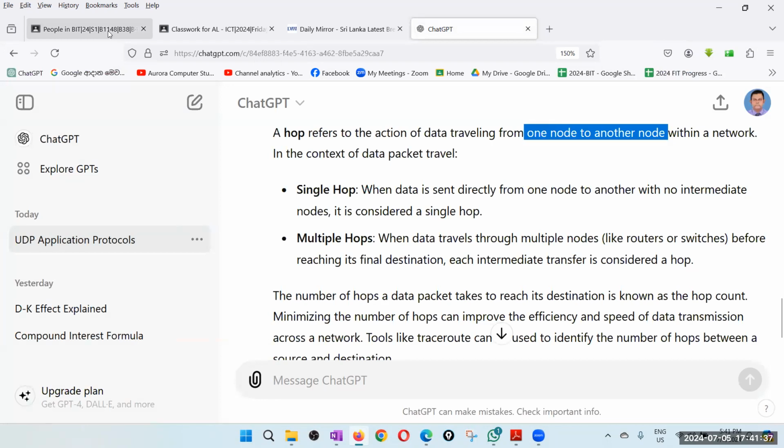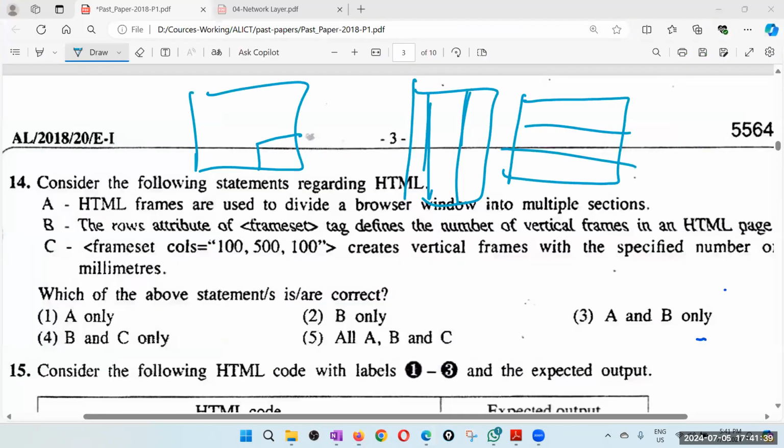Right. So let's read the question. HTML frames are used to divide the browser window into multiple sections. Yes, that is the idea behind frames, and we can load different pages into different frames.